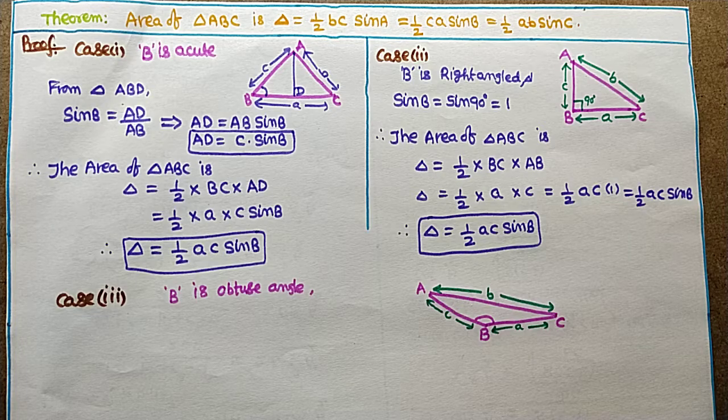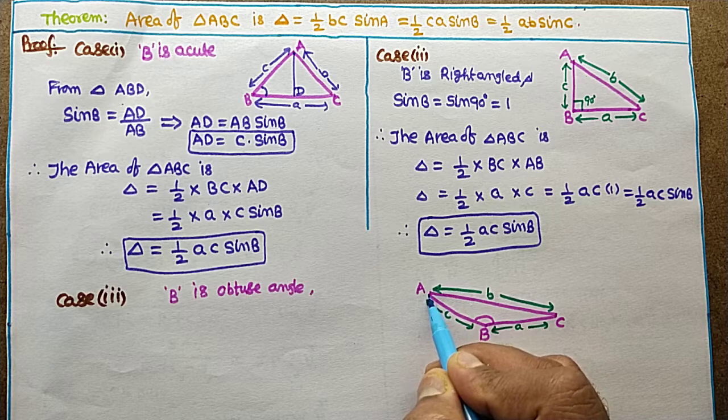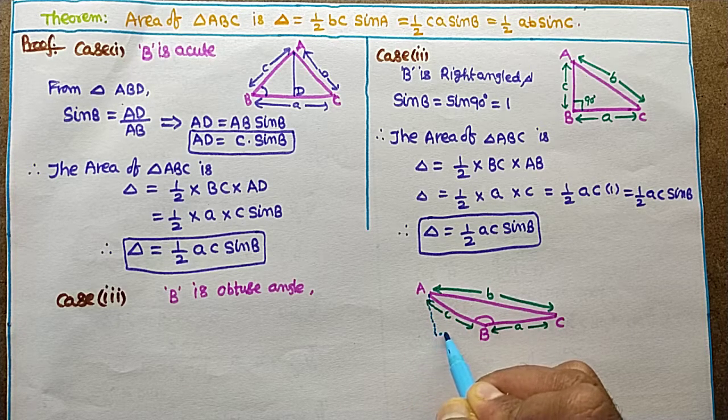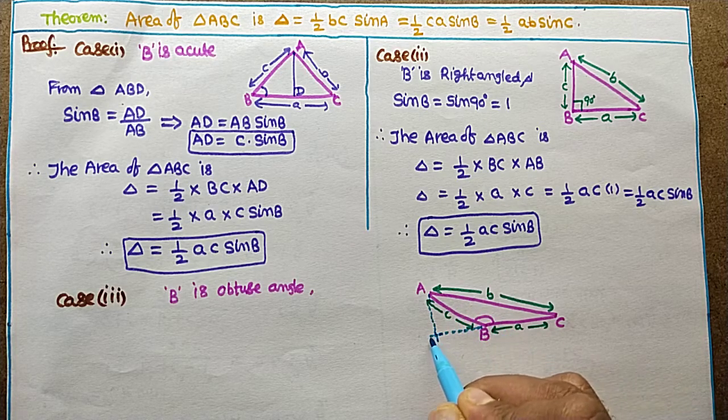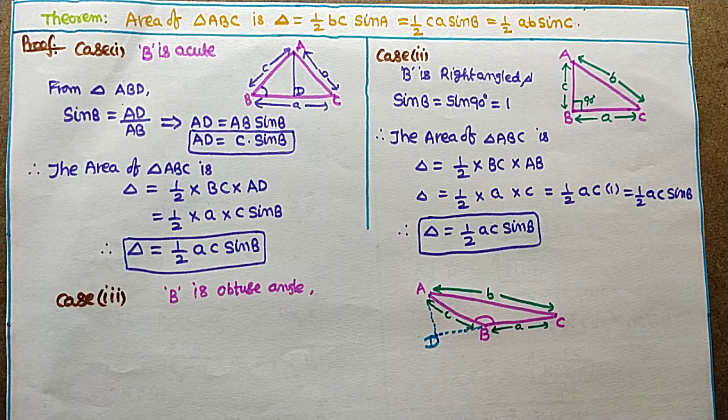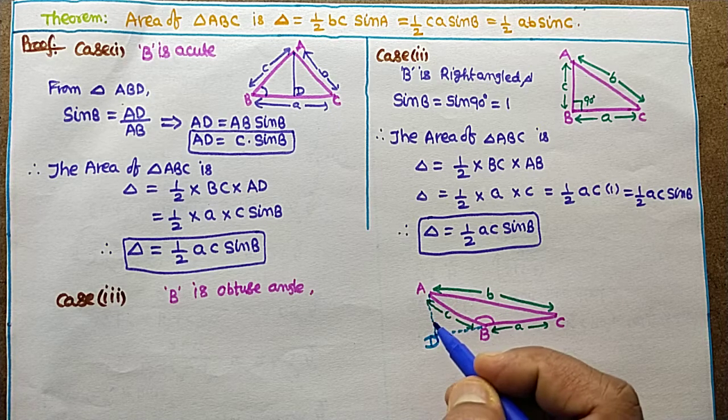So now join one perpendicular to the side BC, which is produced, at the point D. So here D is clearly a right angle.